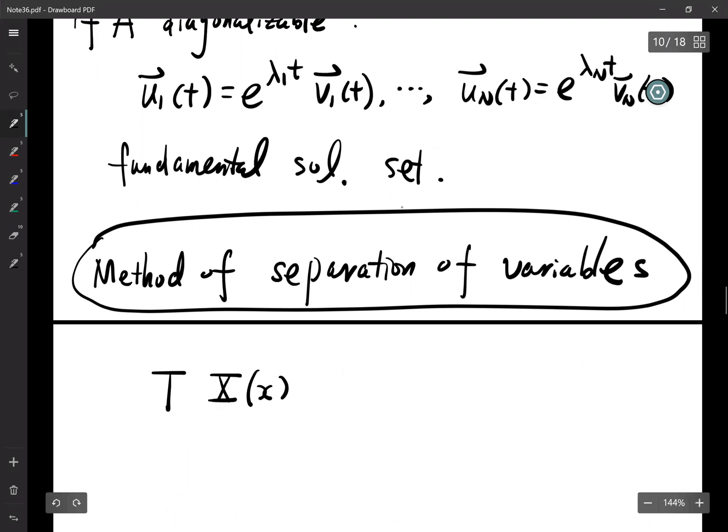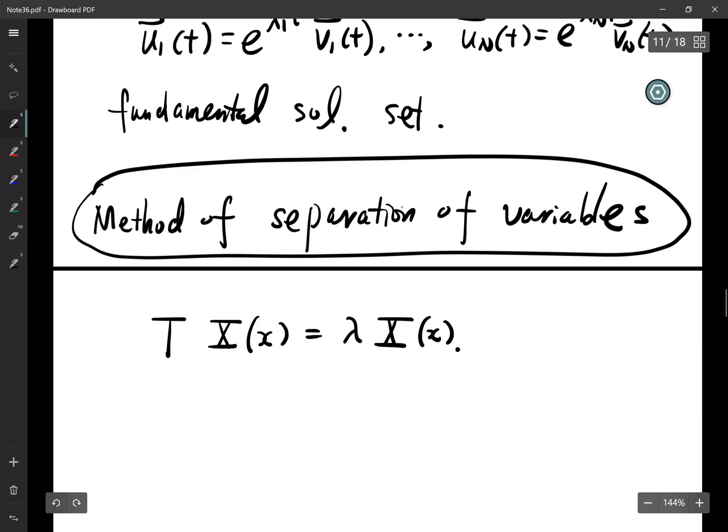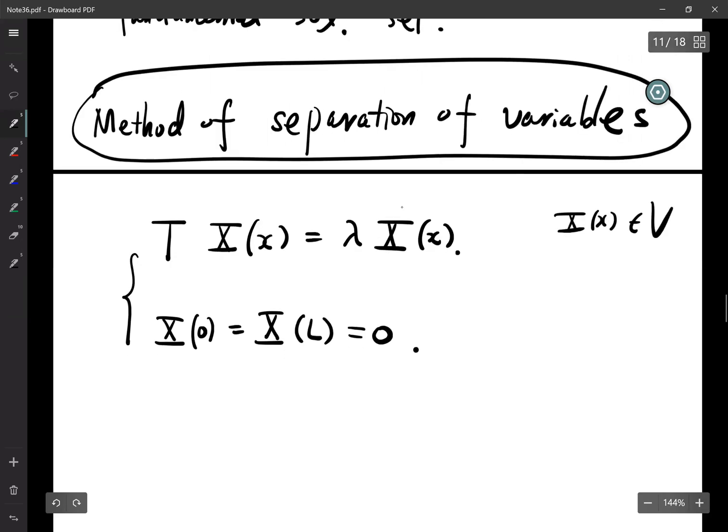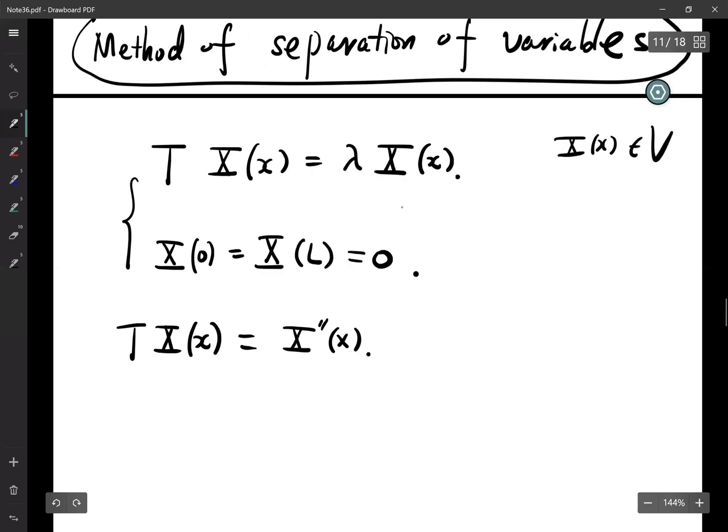Let me call it this capital X, which is a function, equal to lambda capital X, subject to the boundary condition, because capital X needs to belong to the space V, which means that the boundary condition needs to be satisfied. Remember that this T acting on that is nothing but X double prime.